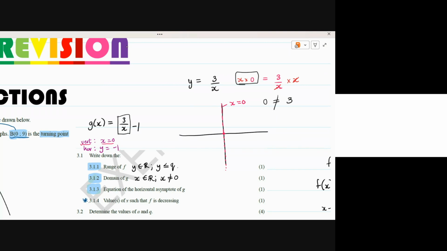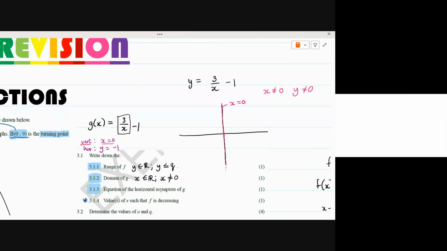So when we have a function that sits just like this, we know that x cannot equal 0 and y can also not equal 0, right? But I know that when I add -1, what -1 does is it takes my whole graph, my hyperbola, and moves it down by 1.